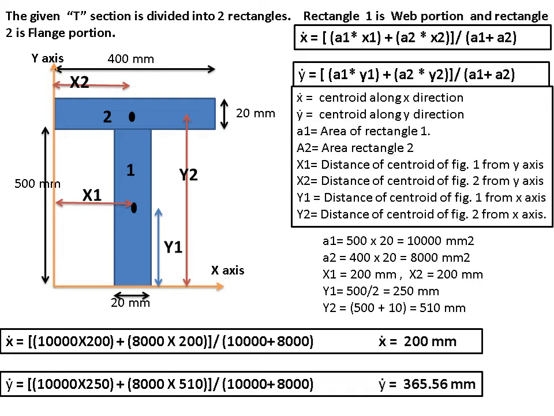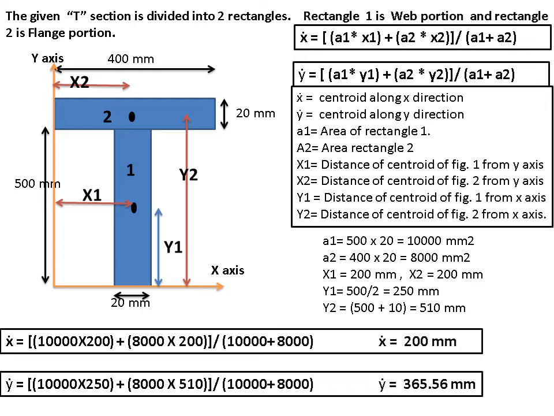Then X1 and X2. X1 is the distance of center of the first rectangle measured from y-axis, or distance of centroid of first rectangle measured from y-axis in horizontal direction. So from the diagram it is quite clear, it will be lying at a center of 400 mm, that is 200 mm from y-axis.